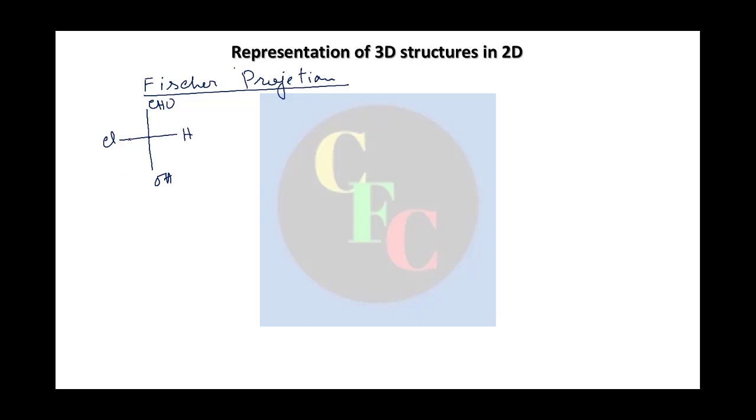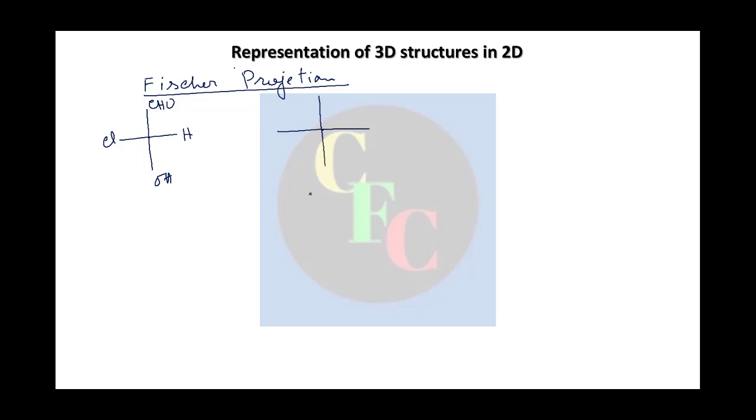In Fischer projections, something is done like this. There are 2 lines, one vertical and one horizontal, maybe more than one horizontal is there, but if one carbon is there, then we will draw it like this. If we are concerned with only one carbon center, the geometry is like this, the vertical and horizontal.